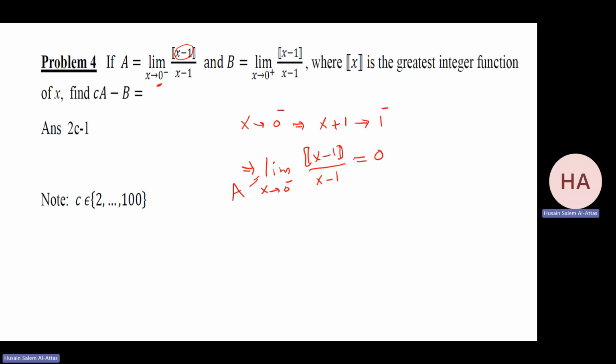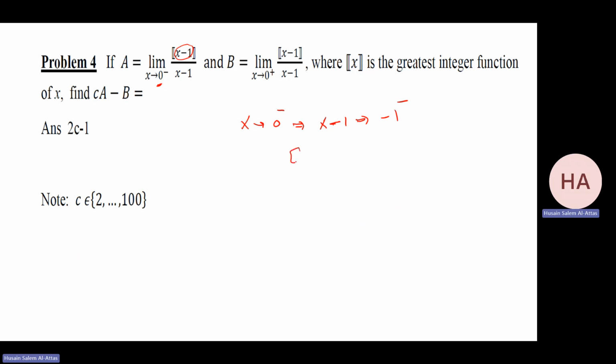Oh, no. It's not x plus 1, it's x minus 1. Sorry for that. x minus 1 will be minus 1 from left. x goes to 0 from left, so you subtract 1, minus 1 from left, which is minus 1 point something.